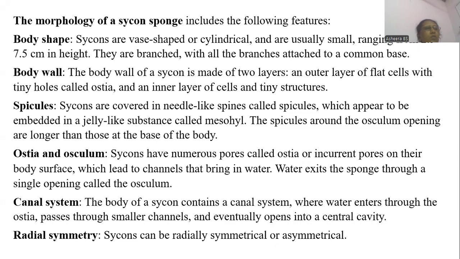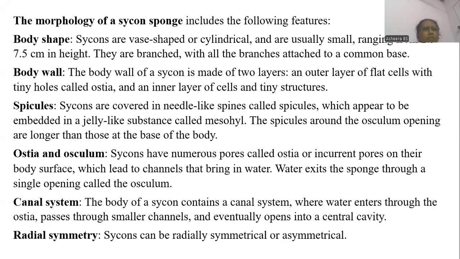The body is vase shaped or cylindrical in shape, having a height of 2.5 to 7.5 centimeters, so it can grow up to 7.5 centimeters. They are branched also, and the branch will be attached to the common base. So I was telling the bud, it is attached to the common base.